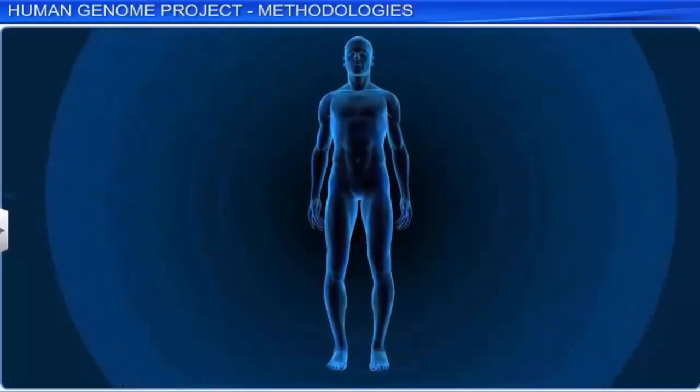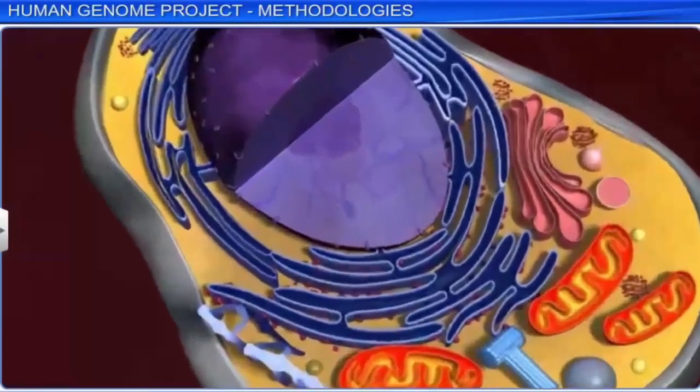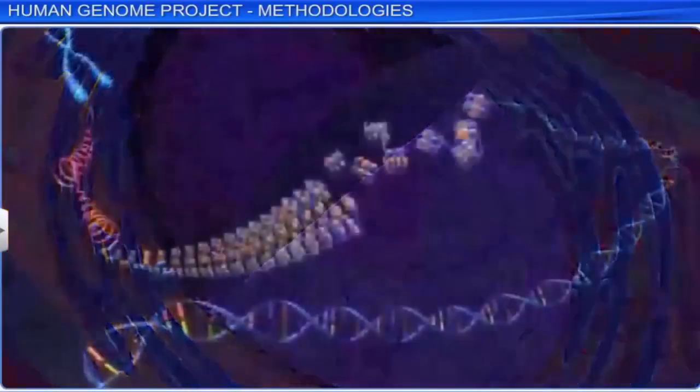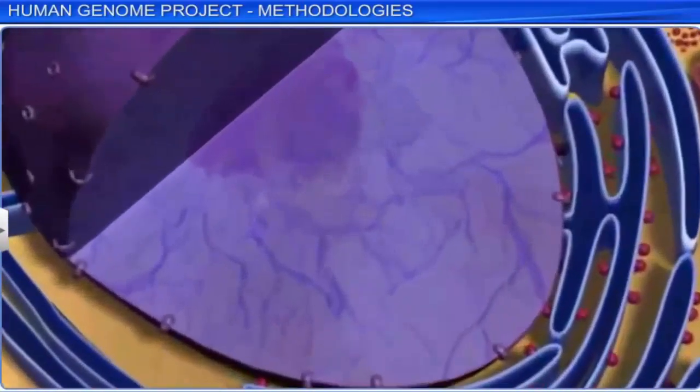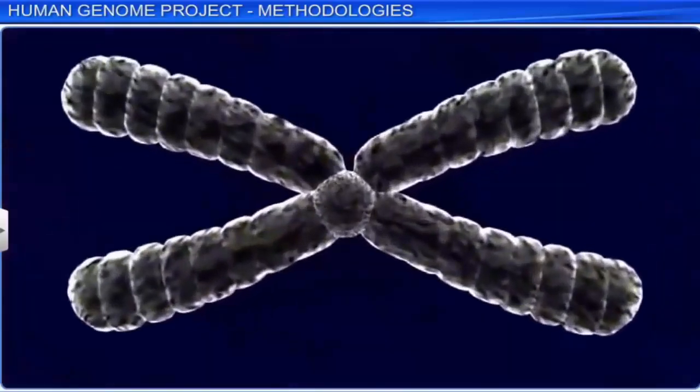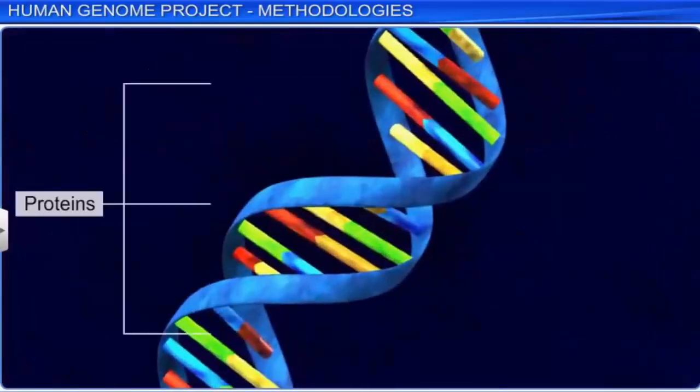For example, biological researchers could now study all the transcripts in an organ, tissue or tumor. It was also possible to study how thousands of genes and proteins work together inside our cells.